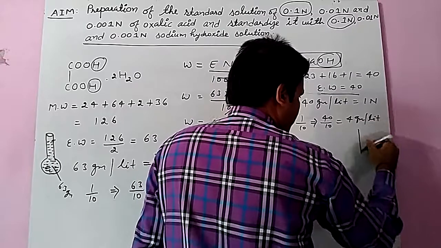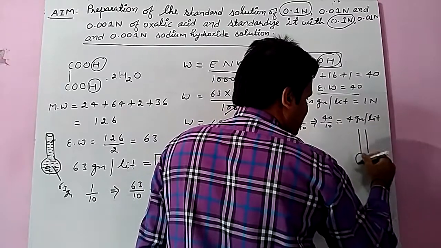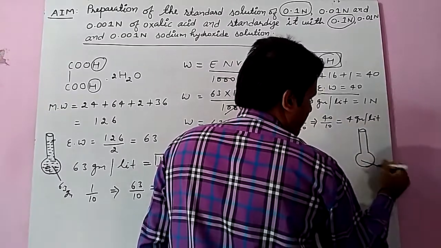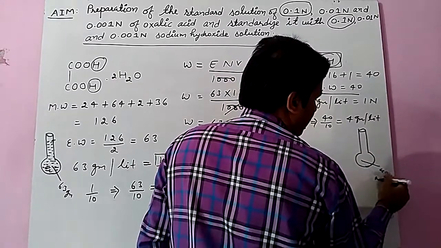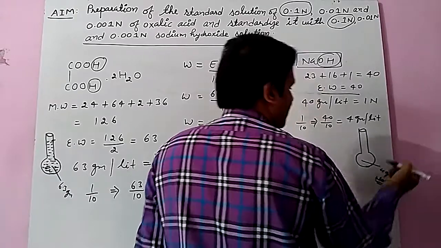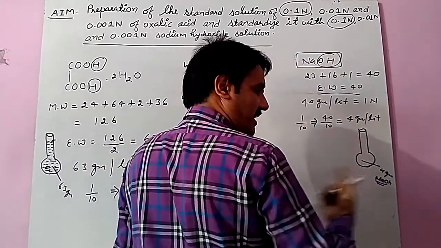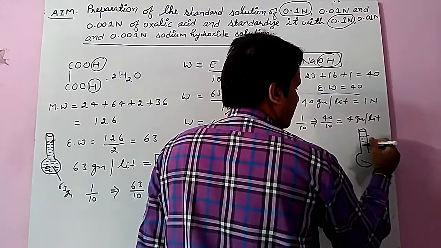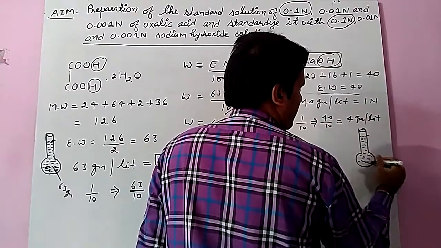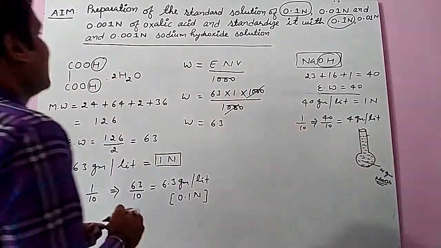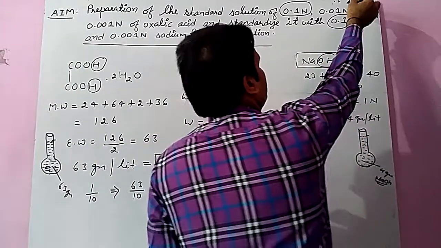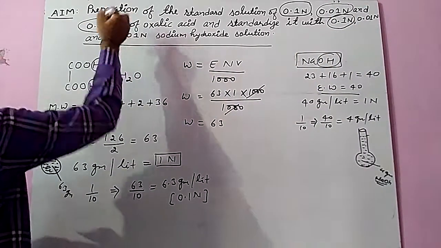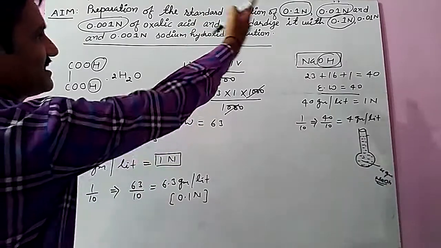It means in a volumetric flask, take 4 gram NaOH, then a small amount of water, continuously stirring, then add distilled water up to the 1 liter mark. Similarly, the same preparation for 0.01N and 0.001N, for oxalic acid as well as NaOH.